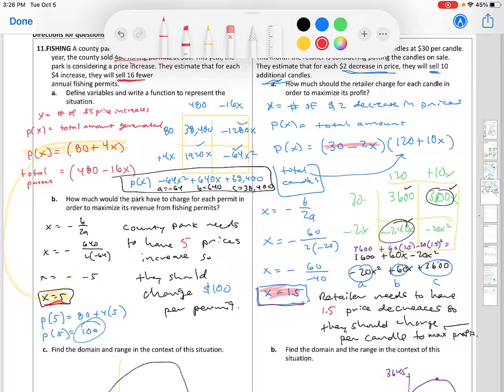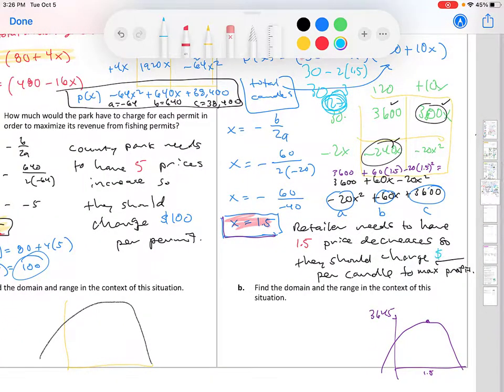So that would just be 30 minus 2 times 1.5, so 30 minus 3, so the answer is 27. They should charge $27 per candle to max their profits.